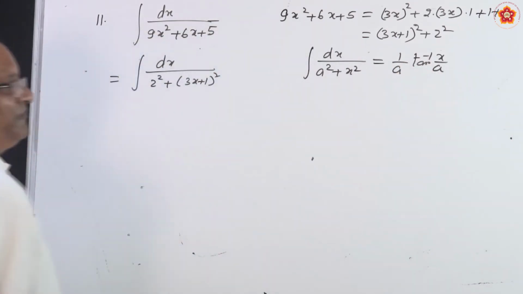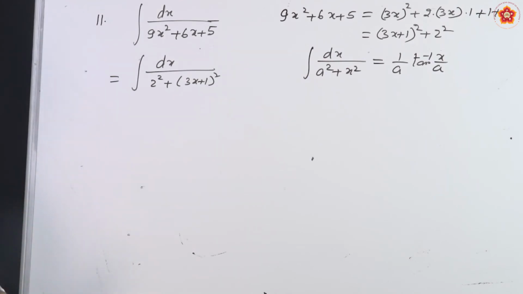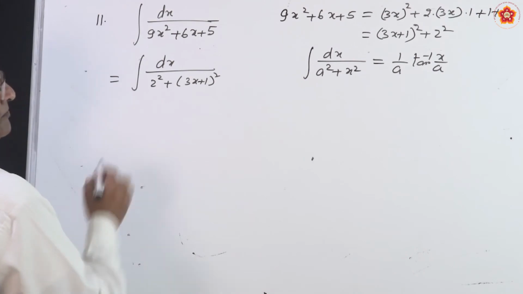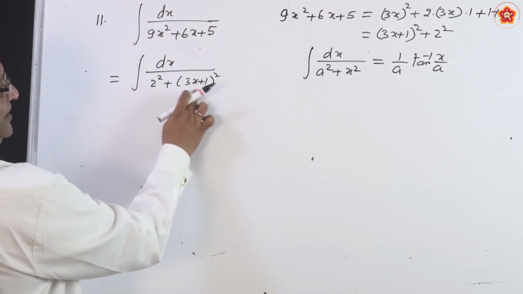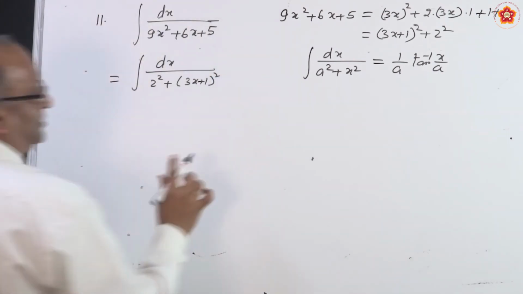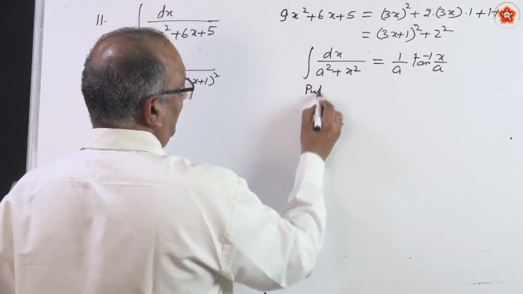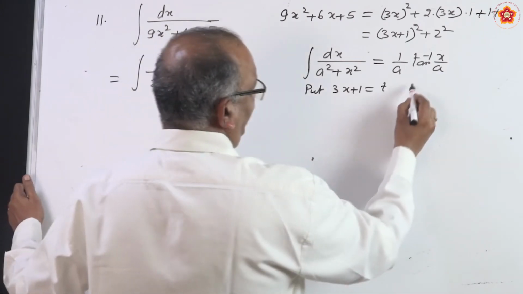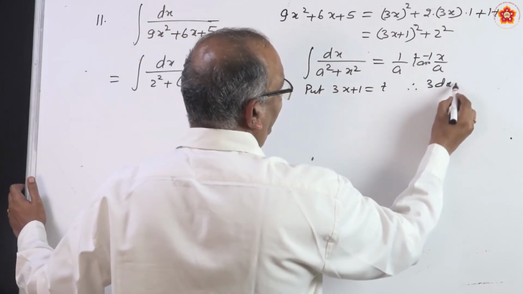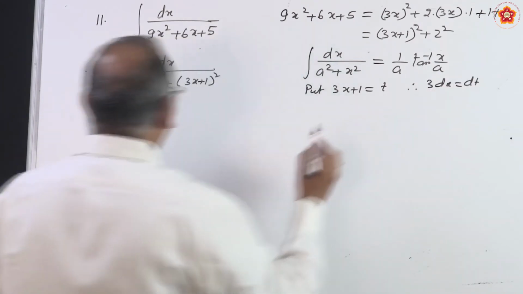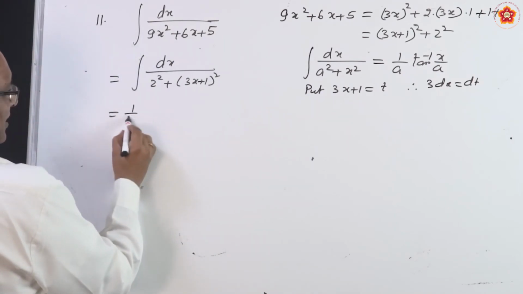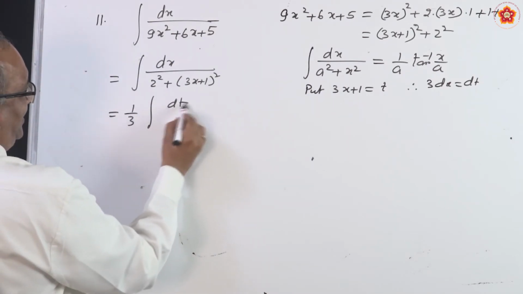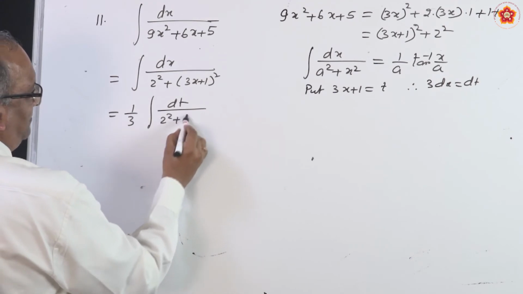This is the formula we have learnt. So use that formula here. Before that we have to ensure that this 3x plus 1 is t. So if you put 3x plus 1 equal to t, you are going to get 3 dx equal to dt, so you take 1 by 3 out, and you will get dt upon 2 square plus t square.